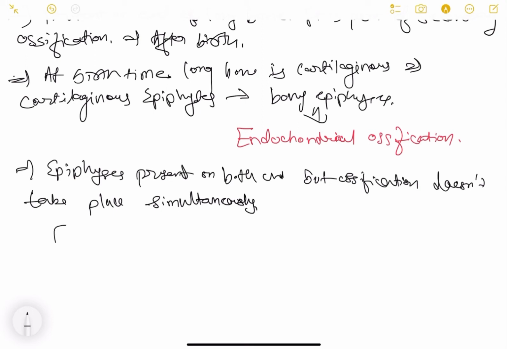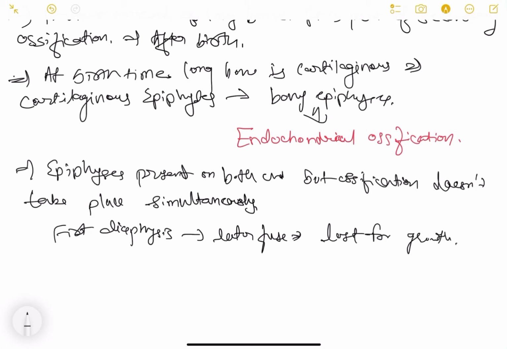First one will fuse with the diaphysis, then the second will not fuse, and when the latter one will fuse, it will last for long growth. Means the first epiphysis will fuse, then done. Then the remaining part, which is going to fuse with the diaphysis, will take a long growth. It will take more time compared to earlier.